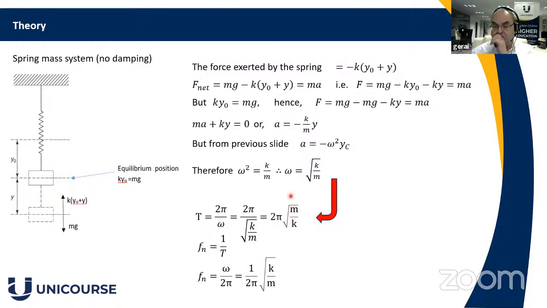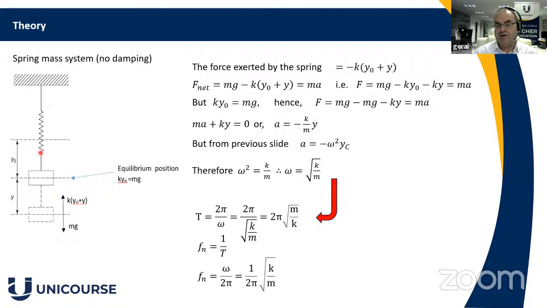Now that's a very useful equation for what we're going to do next. Just to remind you that the frequency was 1 over T. Because there's no damping in this system, when we pull that weight down and let it go, it's going to oscillate at a certain frequency, and it'll carry on like that.